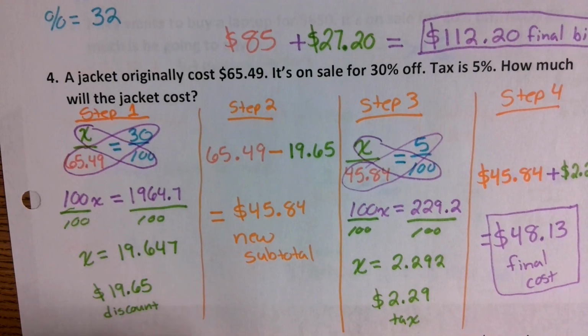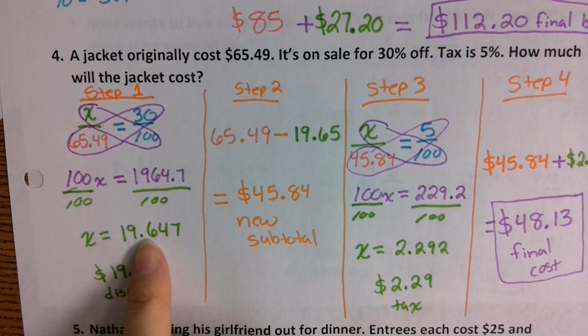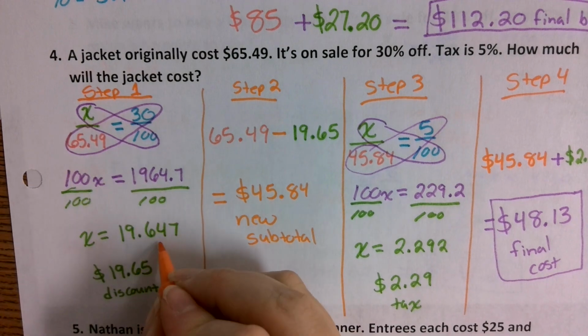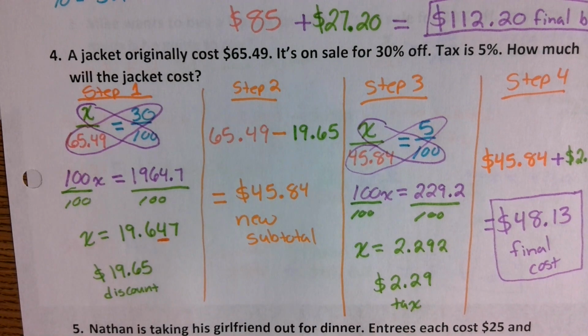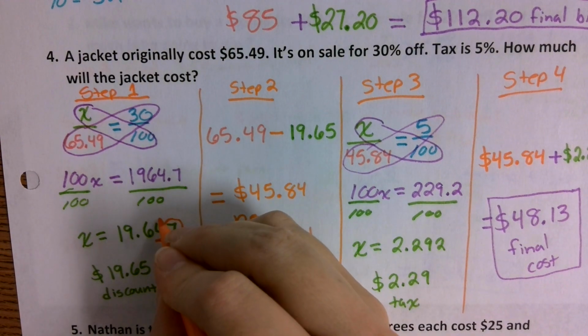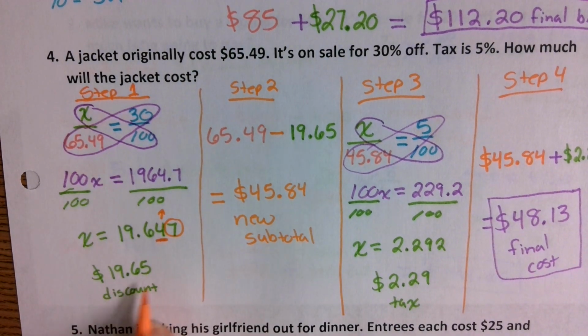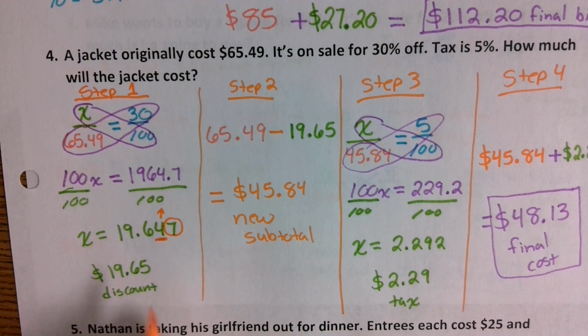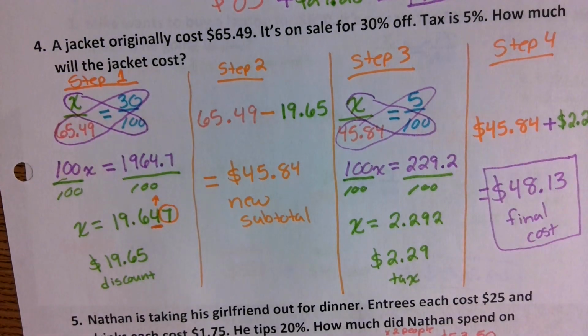When you do your cross product to solve, you're going to get X is equal to 19.647. But remember, this is your penny spot. The 4 is your penny. So you use the 7 to tell you that you're going to round up. So that's why we get $19.65 as the discount.